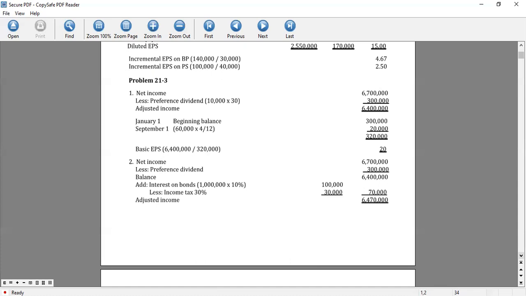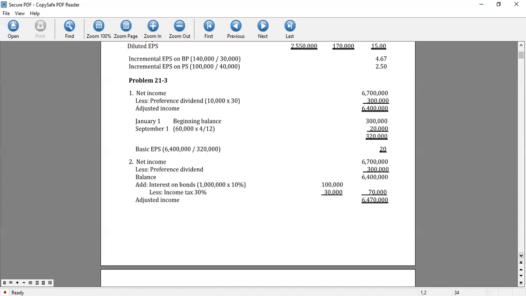Unexercised share options to purchase 30,000 ordinary shares at 20 per share were outstanding at the beginning and end of 2020. The fair value of each stock option is 5. The average market price of ordinary share was 30 during 2020. The market price was 40 on December 31, 2020.